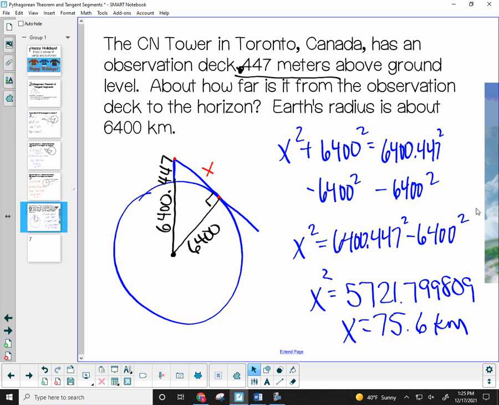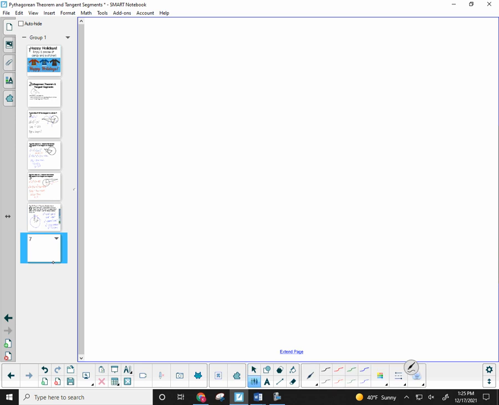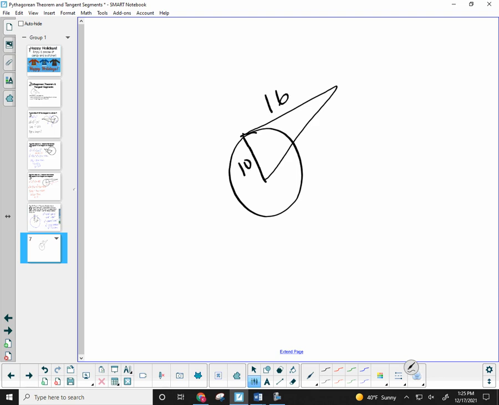A couple of things I would point out to you. On number 1 and number 2, you're just trying to figure out, do you have a tangent? On number 1, it looks like this. The radius in this circle is 10, so this part of the circle is 10.